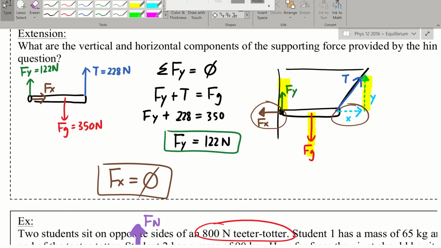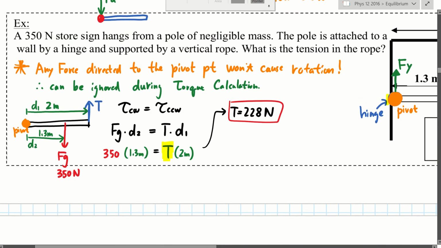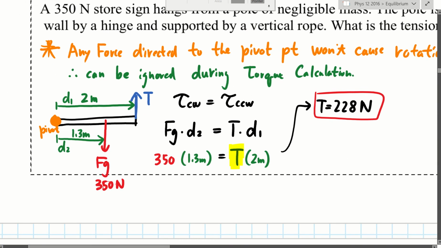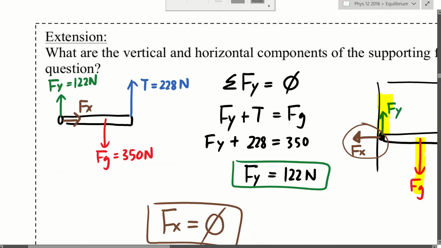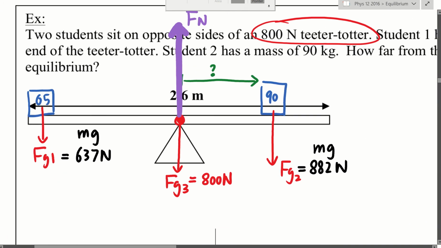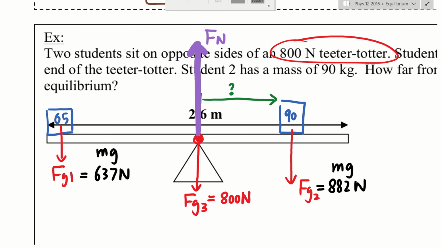Any force that is directed at the pivot point you can ignore during the rotation calculation. So once you pick the pivot point, any force on that point is automatically taken out of the calculation for now, which is convenient. So use your pivot point nicely. It's like a weapon that can eliminate some enemies, depending on who you want to eliminate.